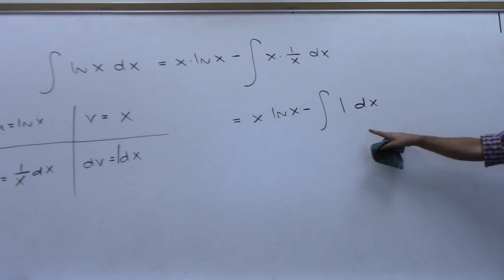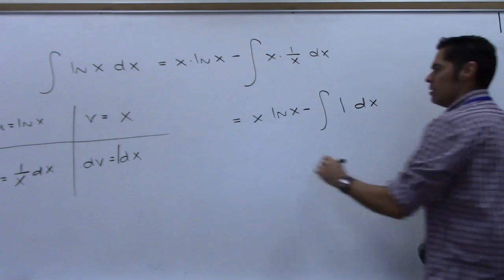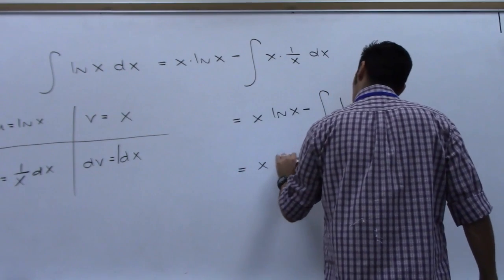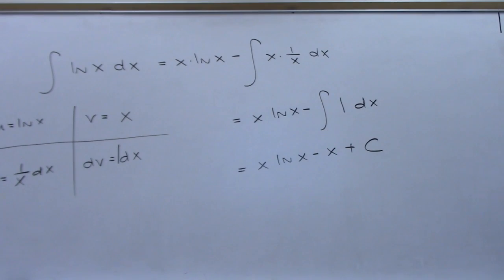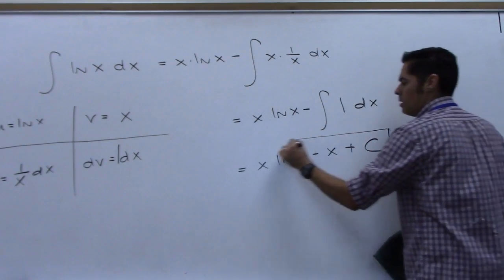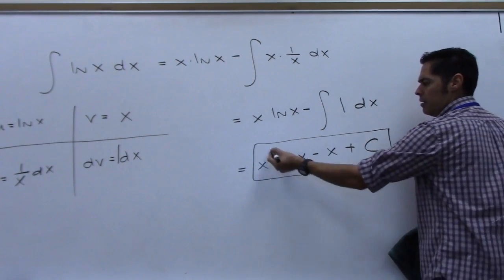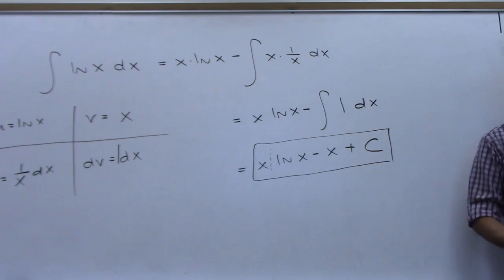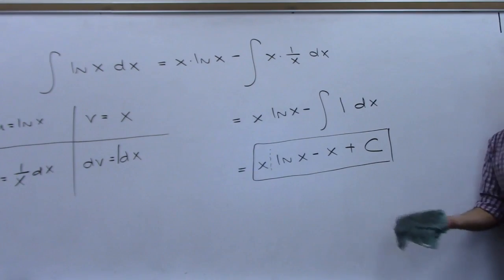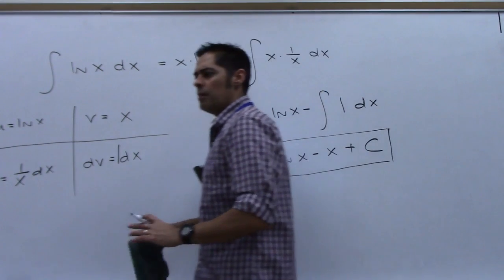And the antiderivative of 1 is x. So x natural log x minus x, then plus a constant. That's it right there. You can check it. If you do a product rule on those, things will start to go away, and you'll get natural log x. So you are free to write that down on your formulas.